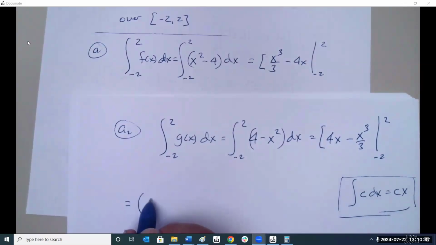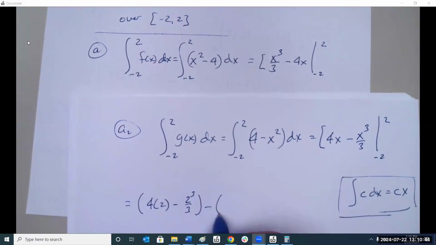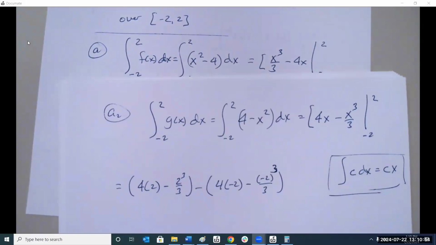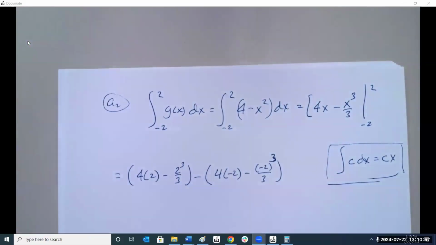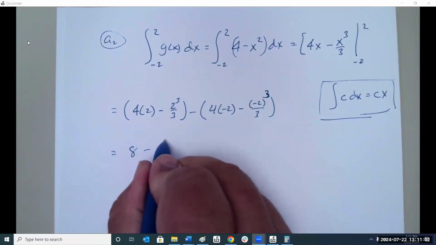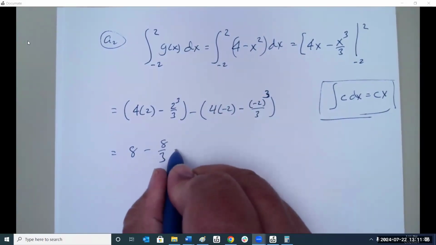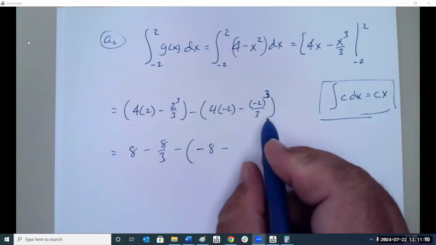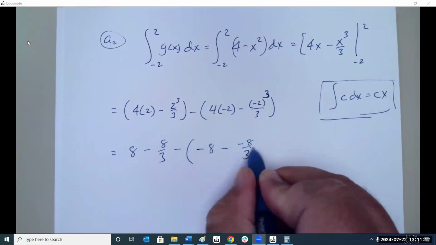So here we have 4 times 2 minus 2 cubed over 3, minus 4 times negative 2 minus negative 2 cubed over 3. Eight minus 8 over 3, minus negative 8 plus 8 over 3.